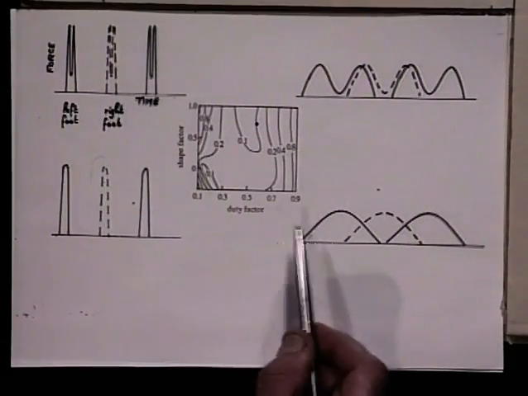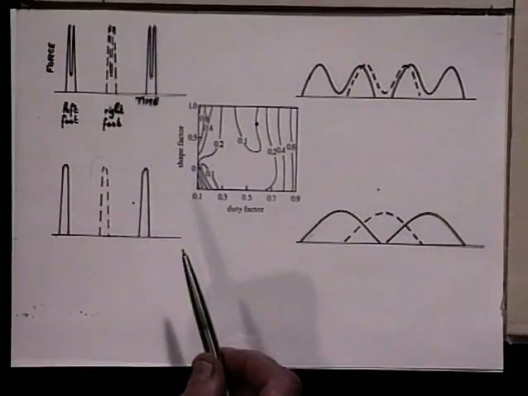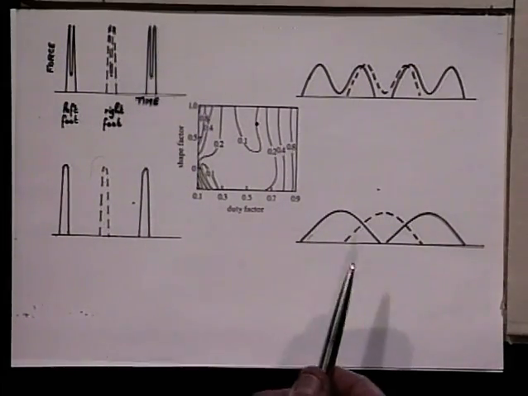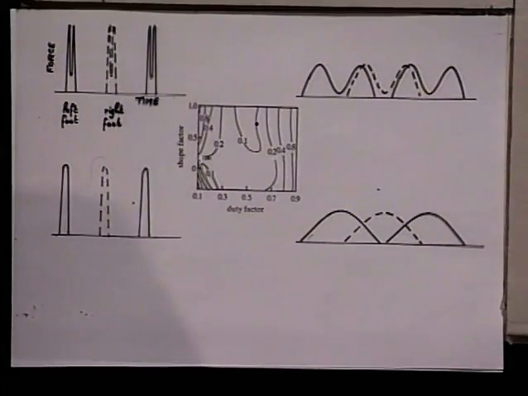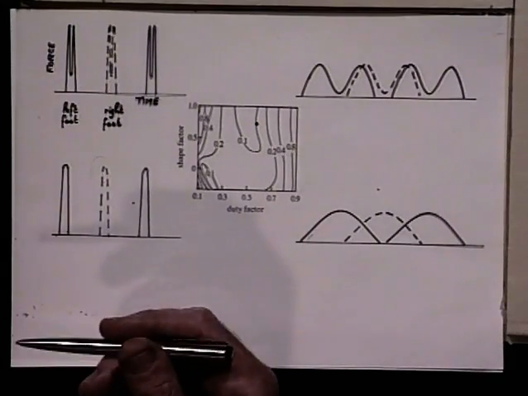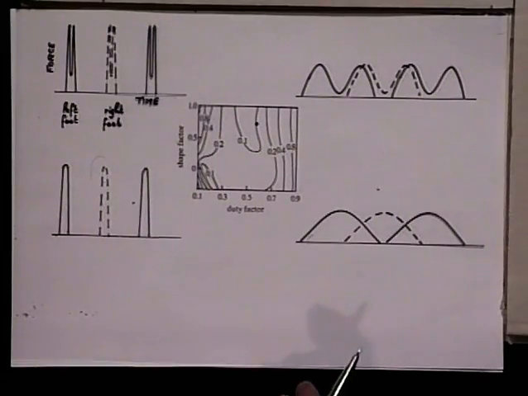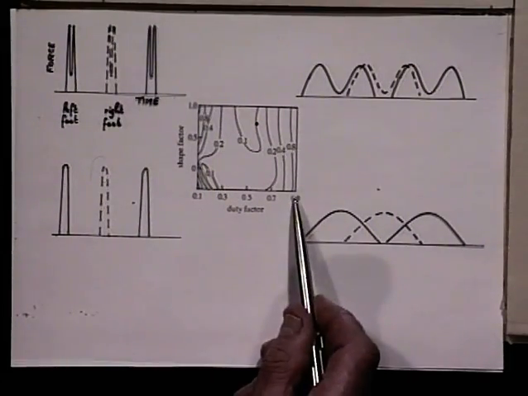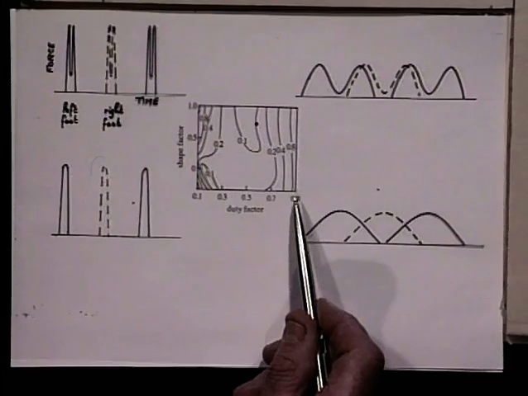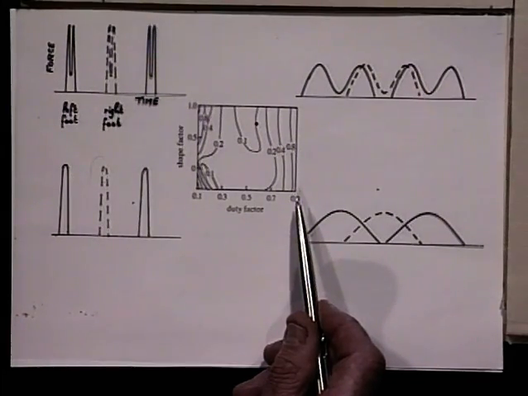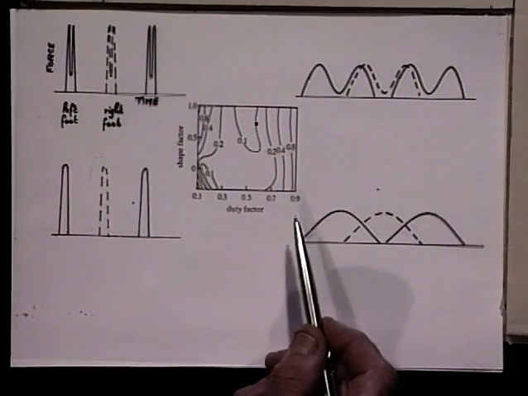Here we've got the same graph, and round it we've got sketches showing the patterns of force exerted on the ground in different sorts of gaits. Suppose you're down at the bottom right-hand corner of the graph. Then you've got a big duty factor.